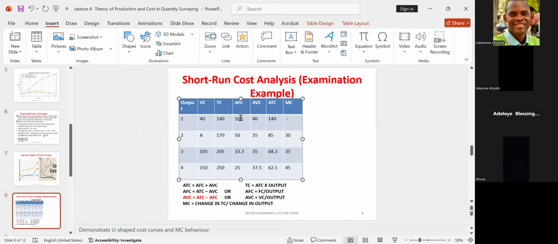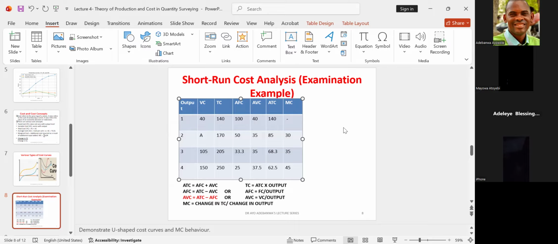What you have here is variable cost and average fixed cost. An average fixed cost is fixed cost divided by quantity. So what I would have just done here is to multiply the average fixed cost times quantity, and that would have just given me the total fixed cost.